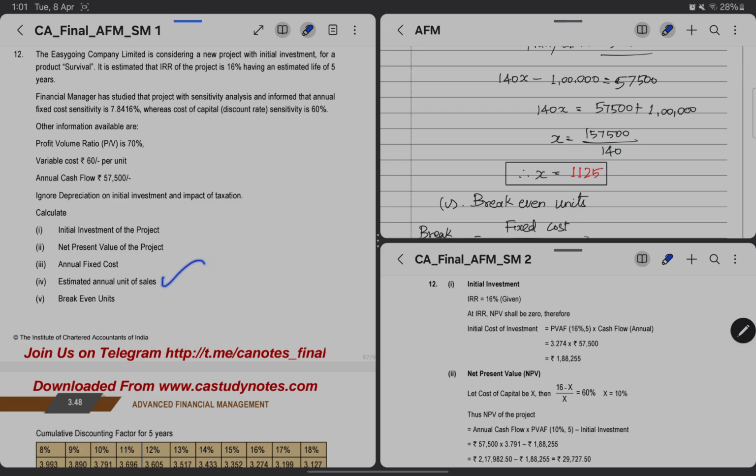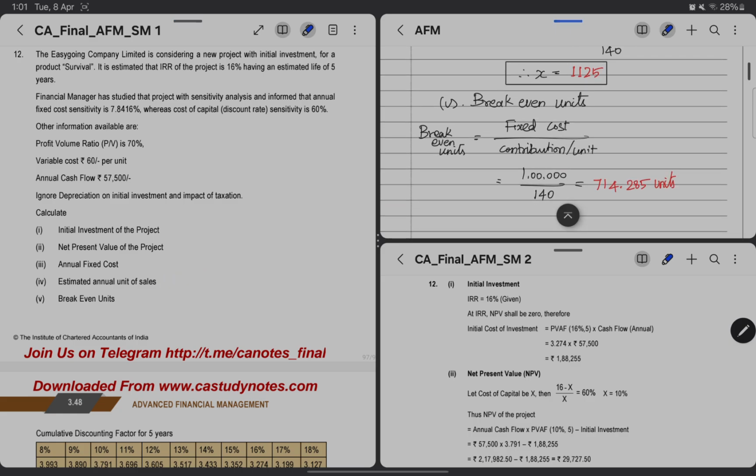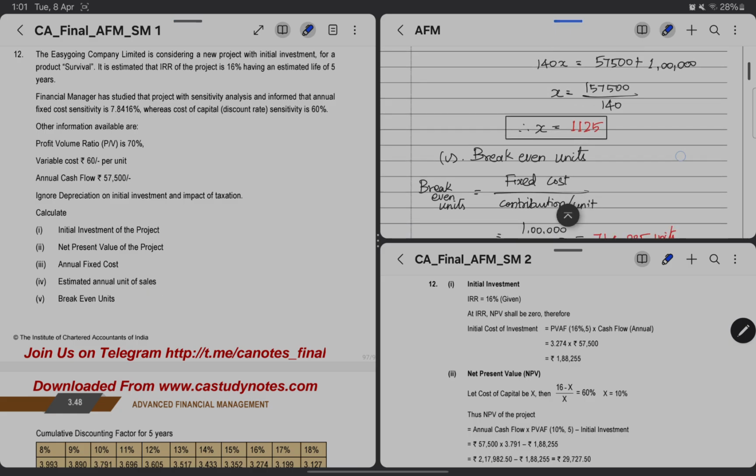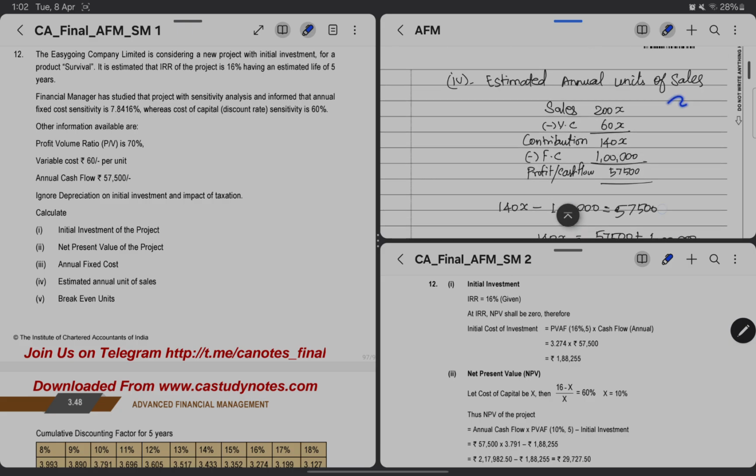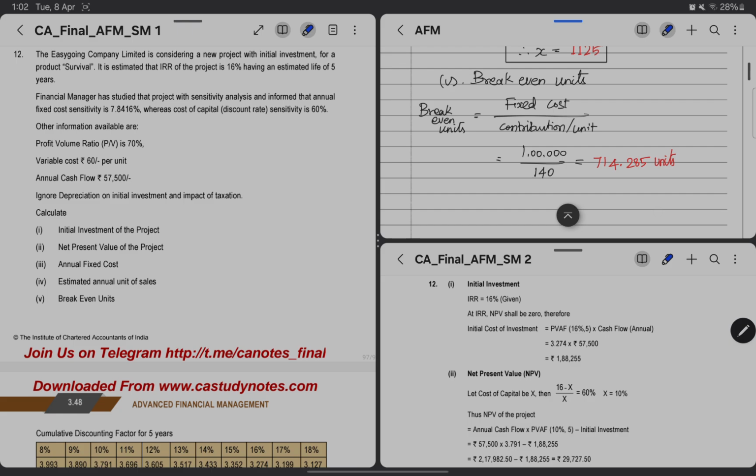So we got the estimated annual units also. Break even units they are asking, which is nothing but fixed cost divided by contribution per unit, which we already know. Fixed cost we have calculated as 1 lakh divided by contribution, which we calculated here as 140. So 714.285 will be the break even units.